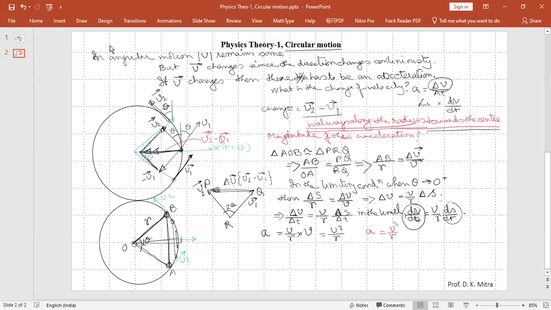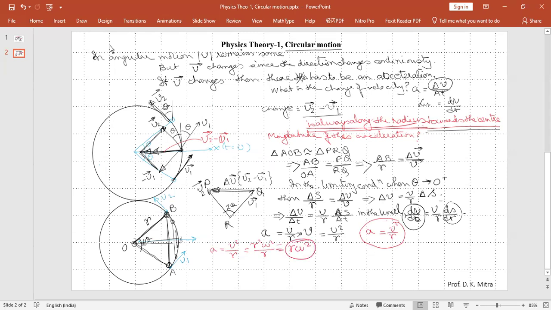Obviously, if the radius is very small, if the circle is very small, then acceleration has to be high. If the circle is very big, then acceleration is small. And this is one equation that you have to remember. Since A equals V square by R, and we have seen earlier that V is equal to R omega, V square equals R square omega square, so A is also equal to R omega square.